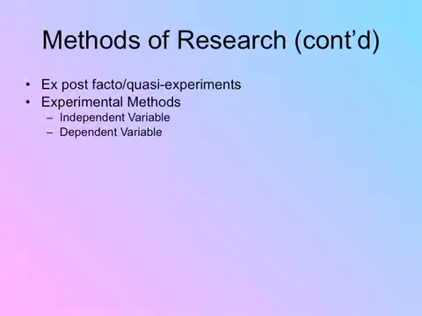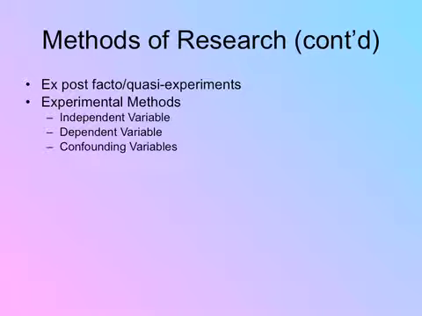I like to think of that as the cause, and then the dependent variable is going to change as a result of the independent variable, at least hopefully, if our hypothesis is true. And think of dependent variable as your effect. So will X lead to Y, or will X make Y happen, right? Will independent variable make dependent variable happen?